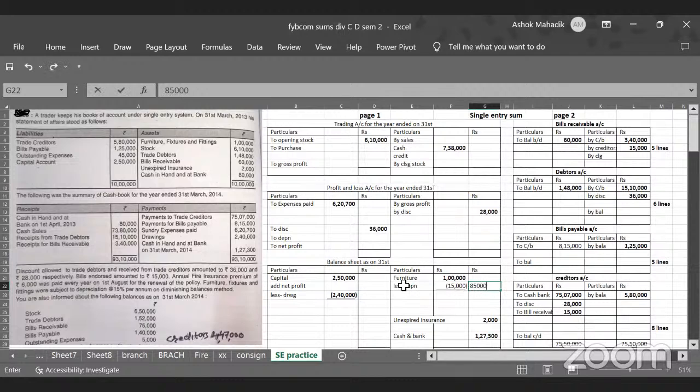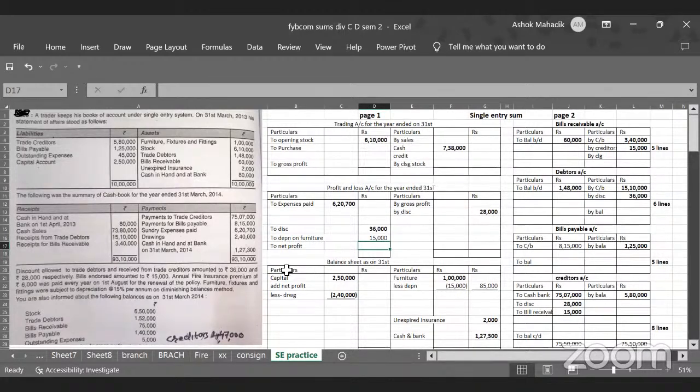The second effect of the adjustment is that 15,000 will go in the P&L account against depreciation on furniture. How much? 15,000. That's it. We gave two effects. Okay. Next.